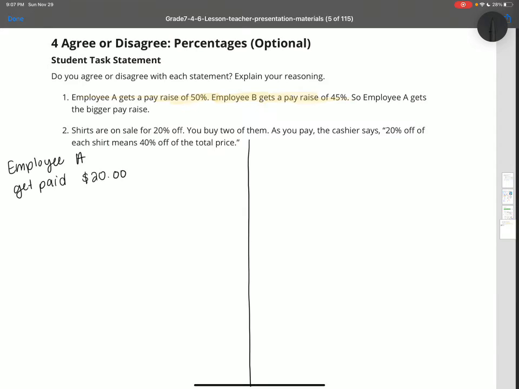So employee A gets paid $20 an hour. And employee B has been on the job longer. Let's say employee A is a teacher, a first year teacher. And employee B is a principal.